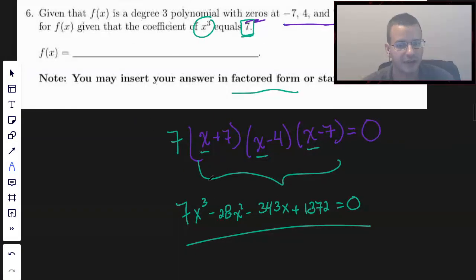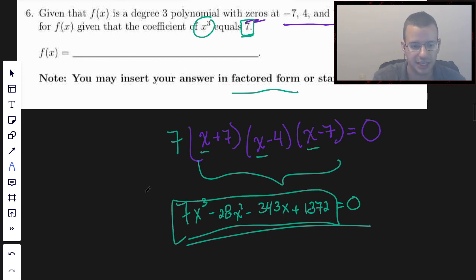So f of x equals this. And either one of these would be acceptable. So that's how we approach that problem.